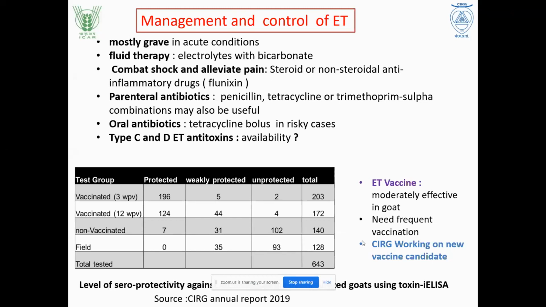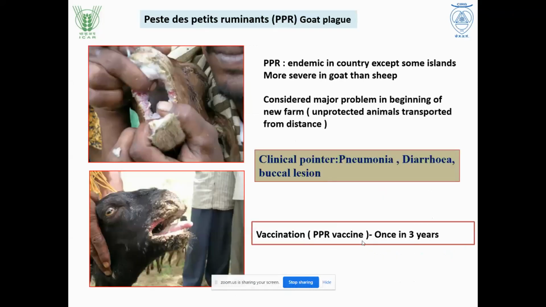That's why we recommend that farmers repeat the vaccination at 6 months. But whenever there is a high risk of ET on the farm, you can vaccinate earlier, at 3 months and 4 months. Considering this, we are also running a project in our institution to find a better Clostridium perfringens prototype vaccine that can work more efficiently and effectively in goats.